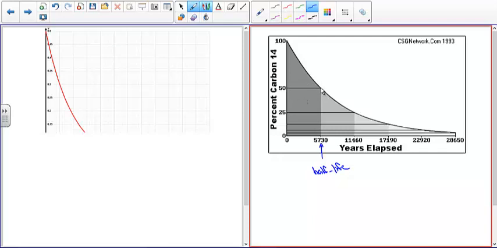And then what happens is, if you go 2 half-lives, you have a quarter of the original amount. And if you have 3 half-lives, then you're at an eighth. And it just keeps being cut in half every certain number of years.